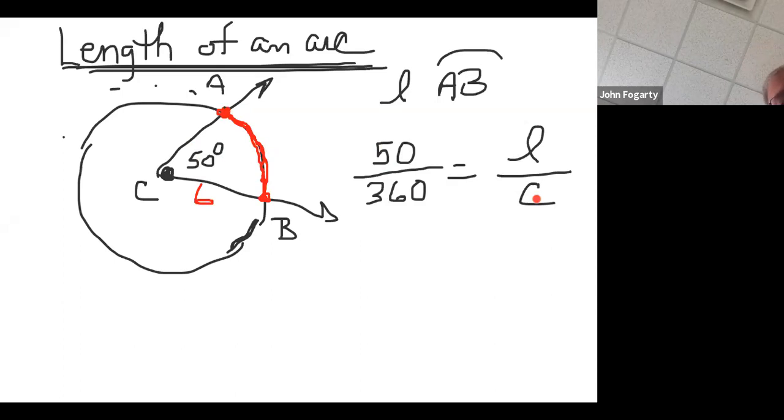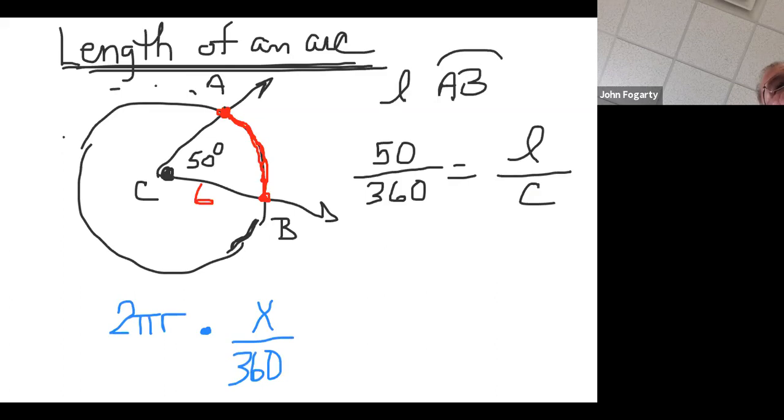So based on that, I can give you a formula for finding the length of an arc, right? And the length of the arc is simply what? 2 pi r times whatever the measure of the arc is out of 360.